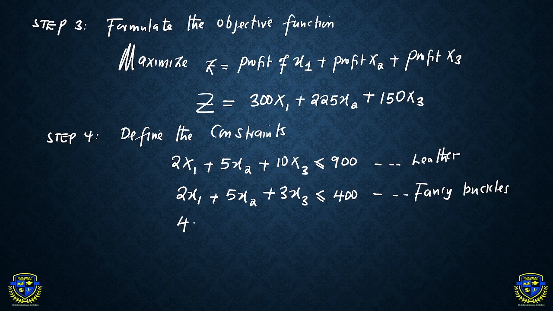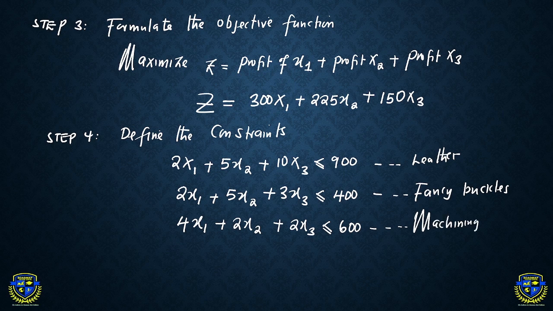So 4 for x sub 1 plus 2 for x sub 2 plus 2 again for x sub 3 should be less than or equal to 600. And this one is for machining time.